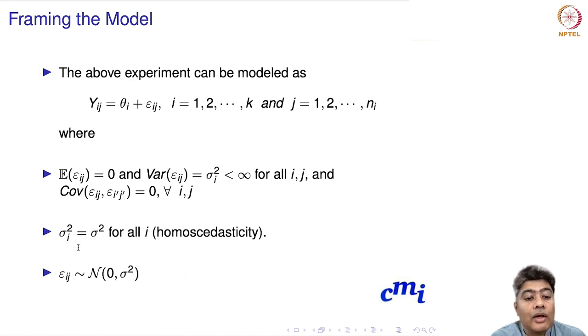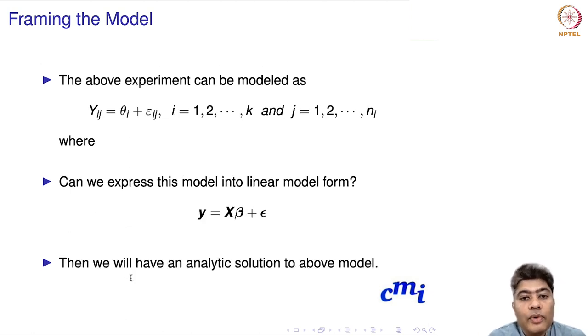And then we assume that epsilon ij follows a normal distribution with mean 0 and variance sigma squared. So this is the model setup that we are going to work out, framed from the experiment.